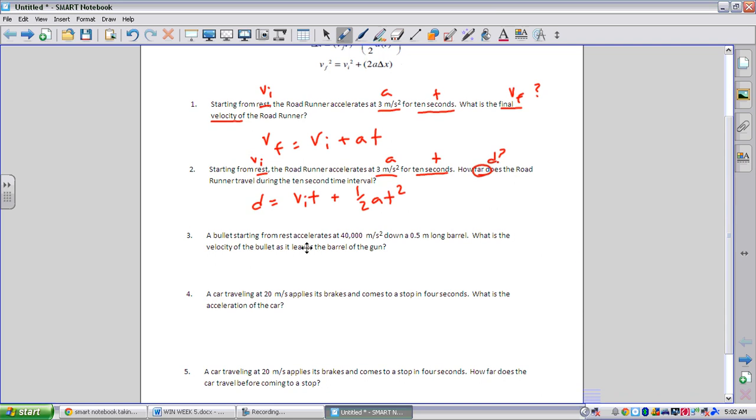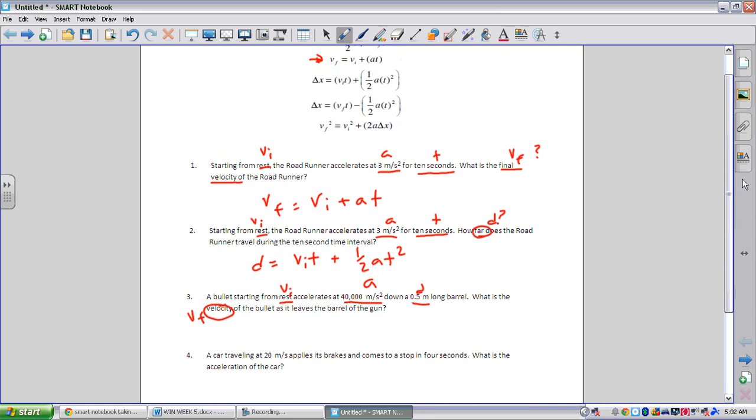On number 3, a bullet starting from rest, again from rest, so we've got initial velocity. It accelerates at a very fast acceleration of 40,000 meters per second squared for 0.5 meters. And they want to know what the final velocity is going to be for this bullet. So in this case, you have an initial velocity, an acceleration, and a distance, and you're trying to find final velocity.